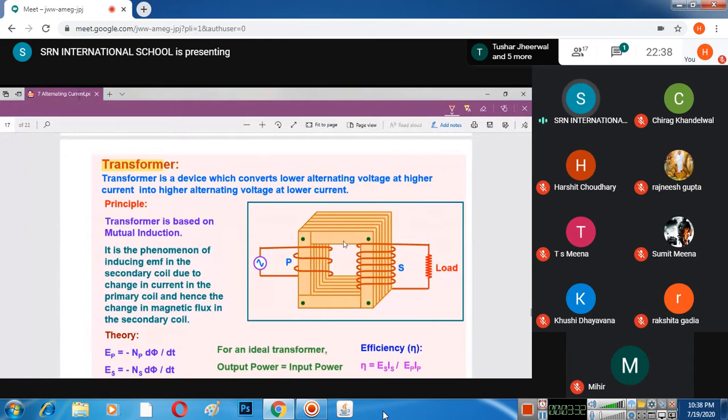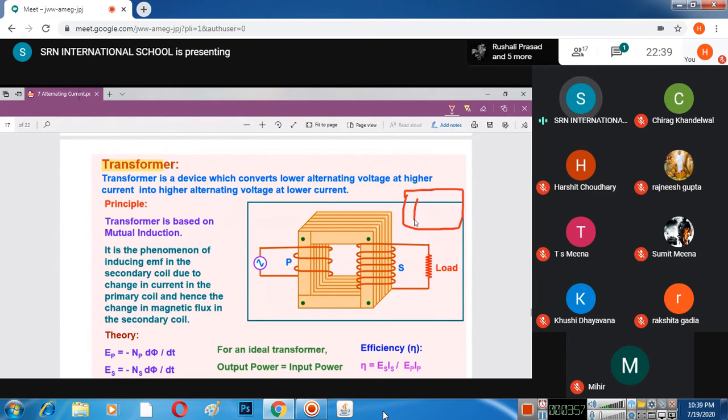This diagram on your screen is for a core type transformer, and this diagram that I'm drawing now is a shell type transformer.